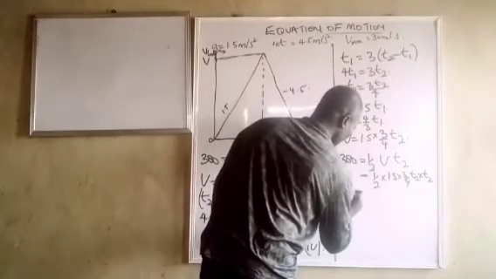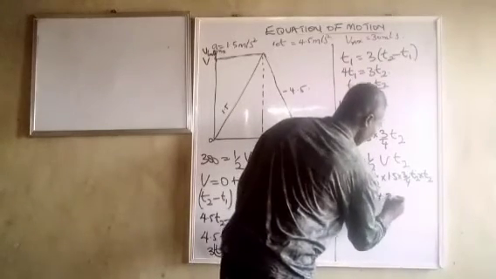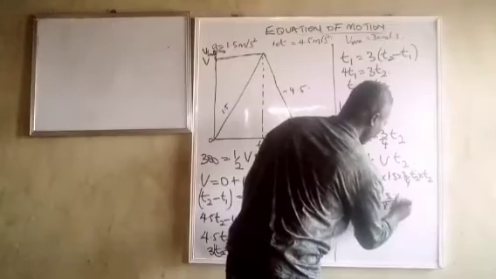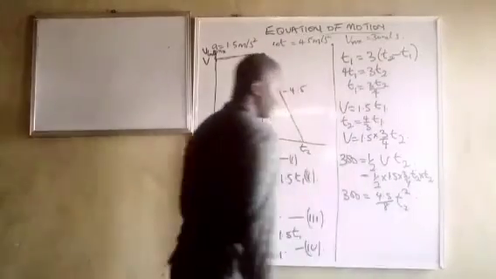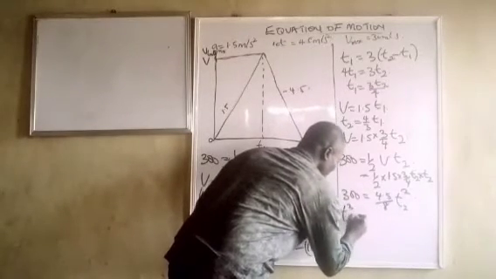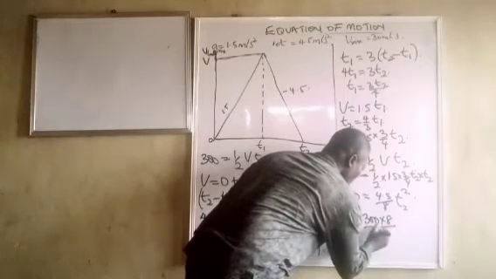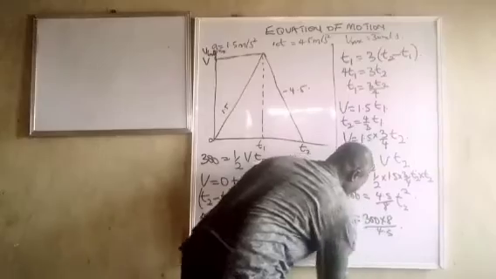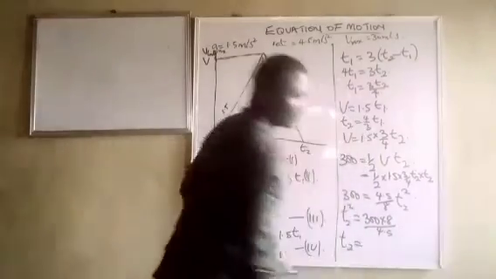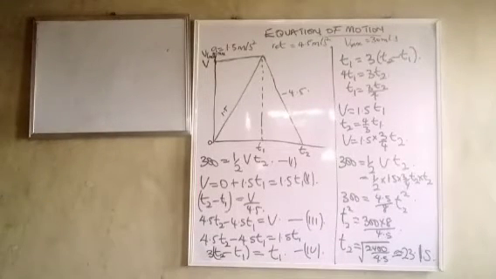So 300 will be equal to 4.5 over 8 T2 squared. And so we will have T2 squared will be equal to 300 times 8 over 4.5. So T2 will be equal to, so the time to cover 300 meters is 23.1 seconds.